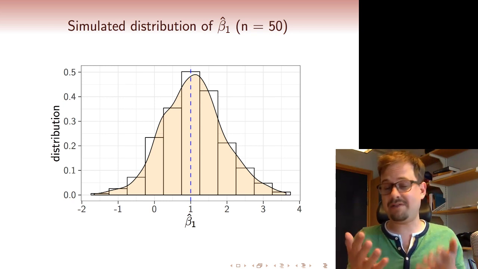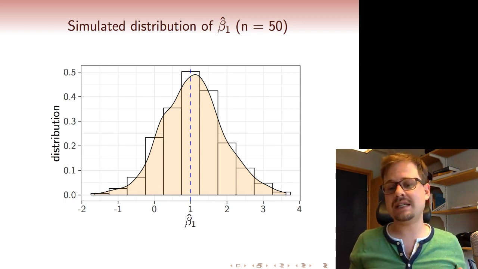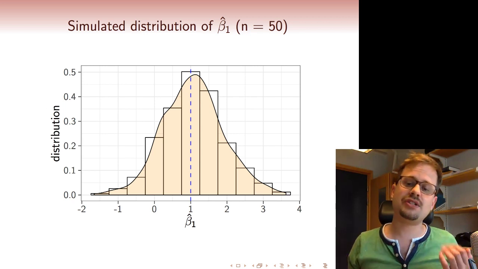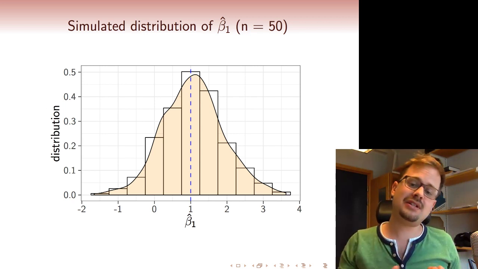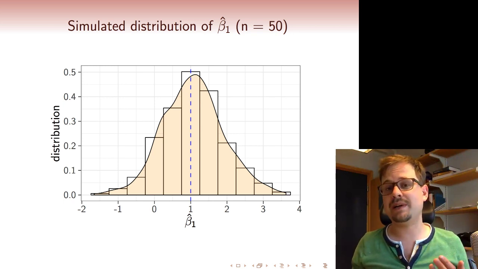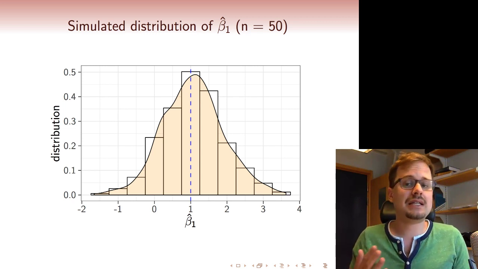Here again, I've plotted the simulated distribution of beta 1 hat, and it was simulated under certain assumptions about the DGP, about the sample size. So an interesting question to ask is, how does this distribution change if I change some of the parameters of my simulation? For example, one thing that I could change is the sample size.